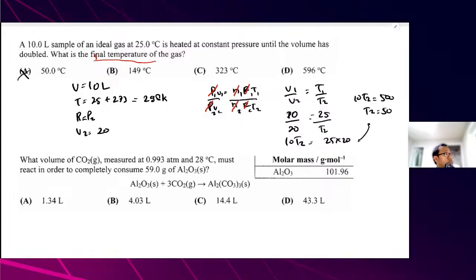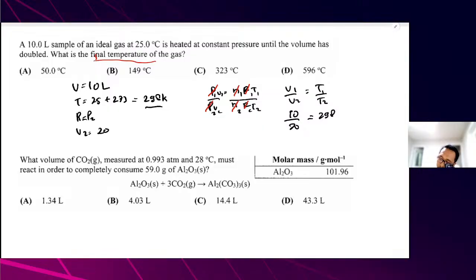What's wrong? Oh, sorry. Yes, we have to convert it first to Kelvin. Sorry. This is Kelvin, T2. So what's the answer?